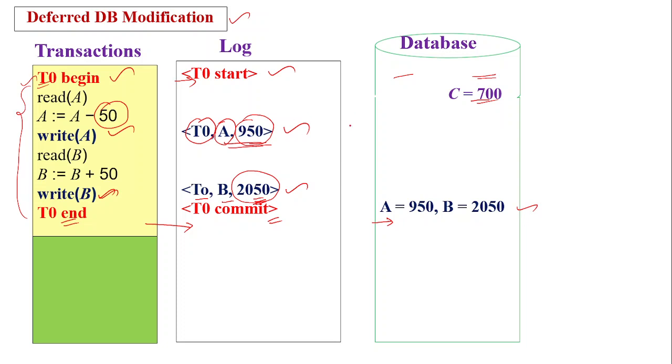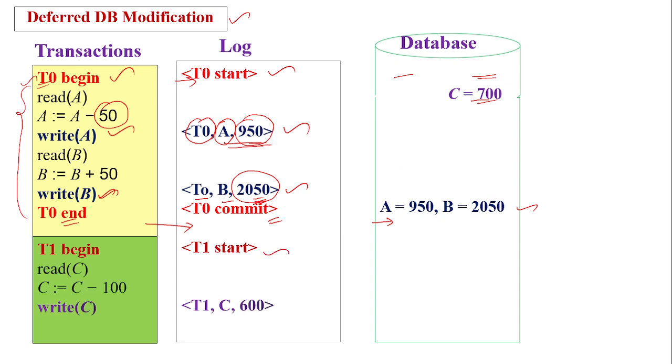So since the database updates can be made only after the partial commit of the transaction, it is known as deferred database modification technique. Similarly, when the T1 transaction begins its execution, it makes the start record for T1, and when it performs the write operation on C, it makes the update record in the log, and when it ends, it makes the corresponding commit record into the log.